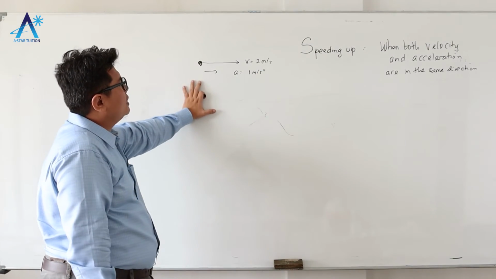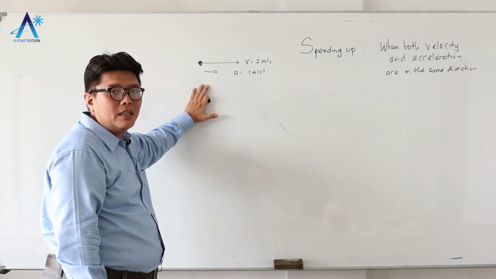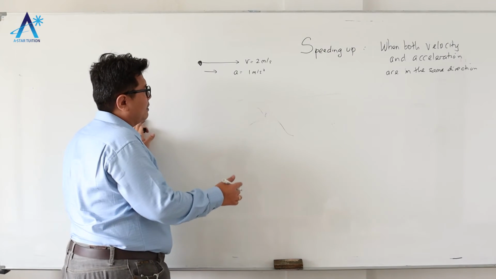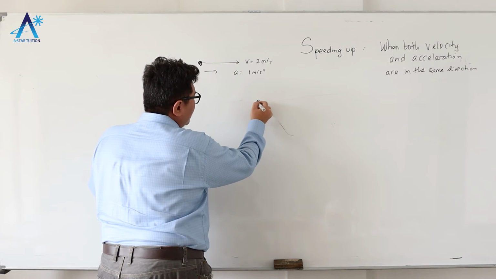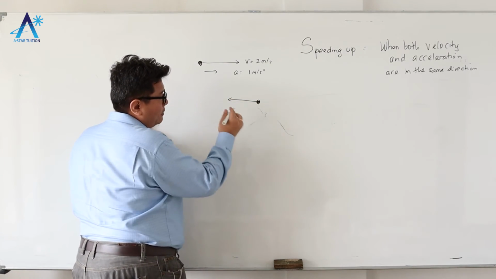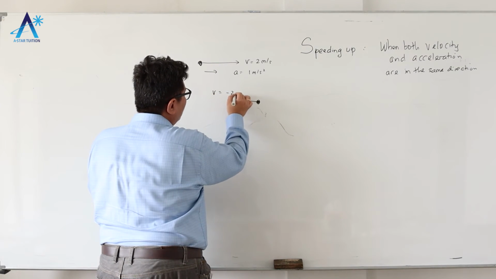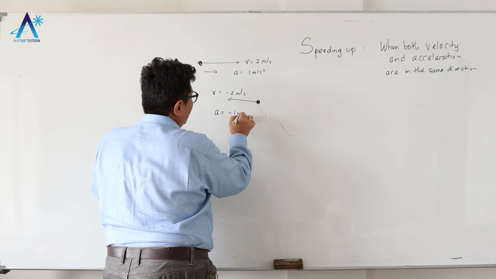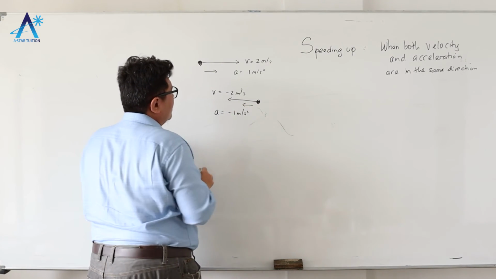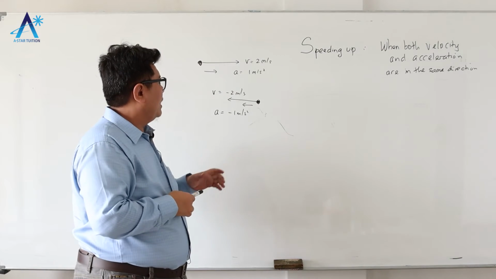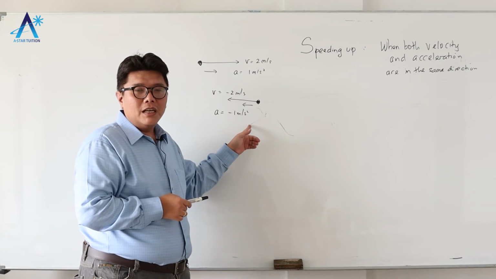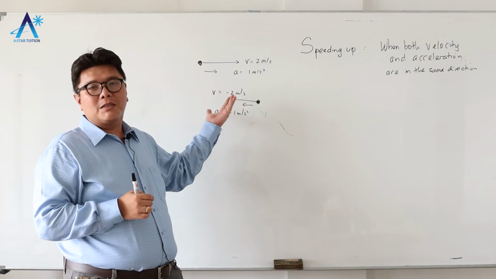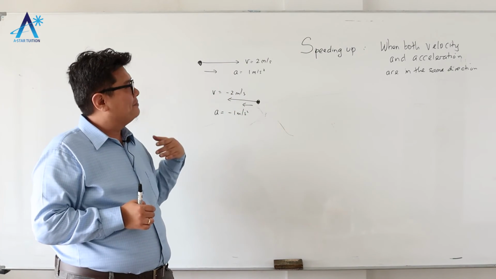You can see that the velocity will increase by 1 meter per second for every second. Another example is if the particle is moving to the left, let's say the velocity is minus 2 meters per second, and the acceleration is also to the left. So the velocity will decrease by 1 meter per second every second. However, decrease means it's becoming more negative. So you can see that it's speeding up, but in the negative direction.